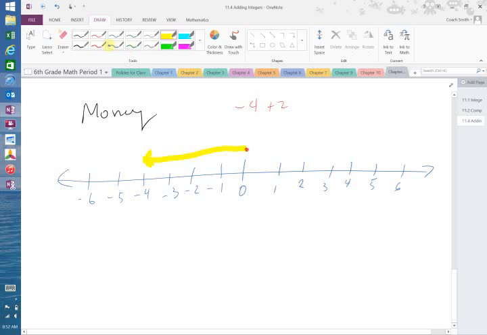So that represents -4. Then I got to go +2. So it's positive left or right? Right. So I go positive 2 spots. So that gets me at -2.